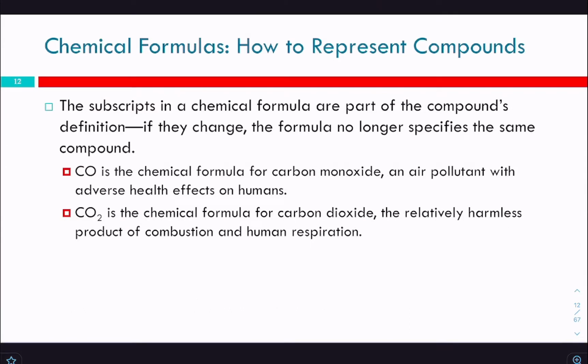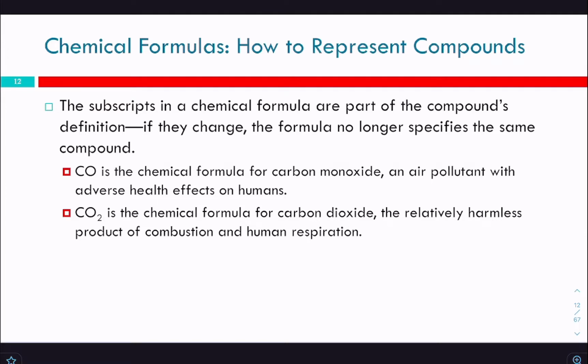So we've talked about how elements are identified based on the number of protons that they have. Each compound is identified by the number and type of atoms that make it up. If you change that, you change the compound, and it's something completely different. So CO is the chemical formula for carbon monoxide. It's an air pollutant. It will also build up.